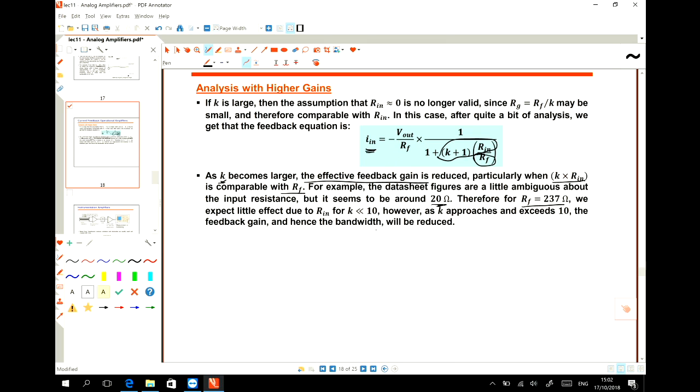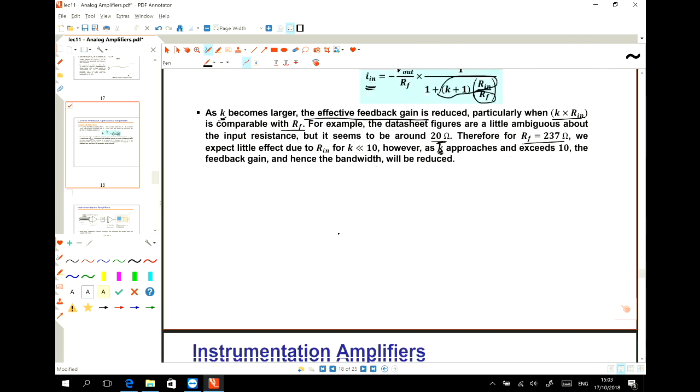But if the K increases, I mean if we have a higher gain, then the effect of the Rin is not negligible, and then the bandwidth will be reduced. For example, if the K is less than 10, then it's fine. But by increasing the K, this value becomes important, and then the bandwidth will reduce.